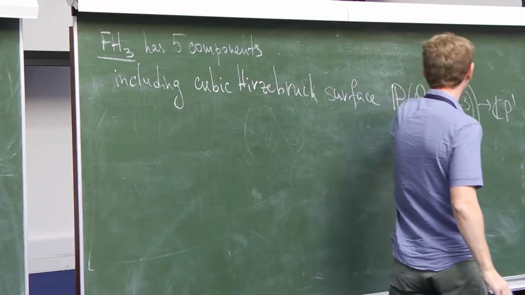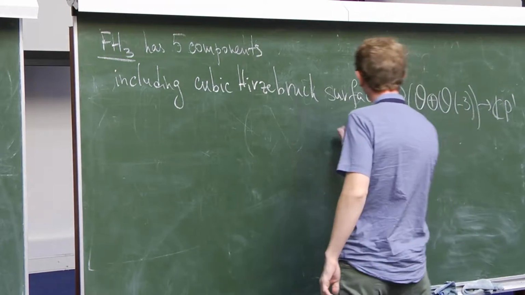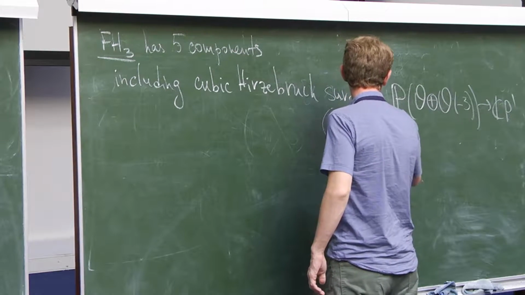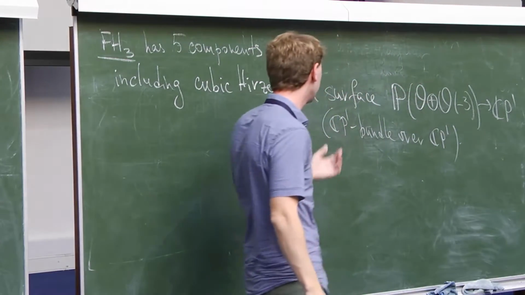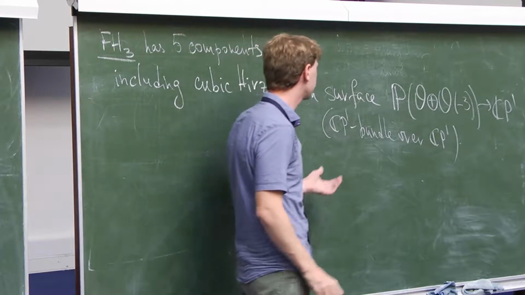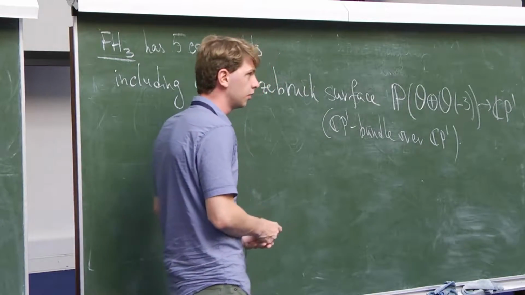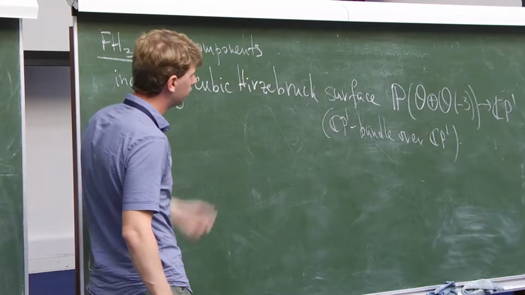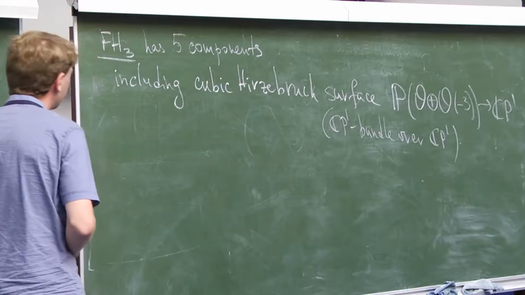So you take this rank 2 bundle over P1, take projectivization, and you get a P1 bundle. So this is a CP1 bundle over CP1. And on this thing, you have a lot of interesting line bundles. And again, you can describe explicitly the space of sections. So algebraic geometry tells you what it is. And so we know in particular all homology of torus knots in this way, and this is a very explicit computation.